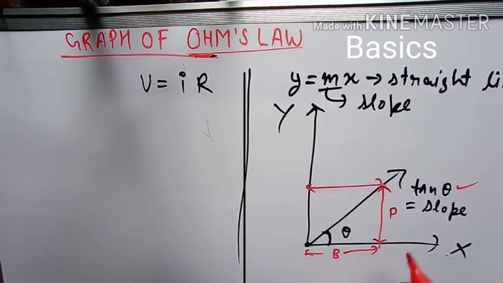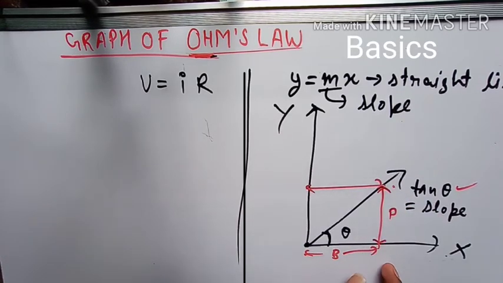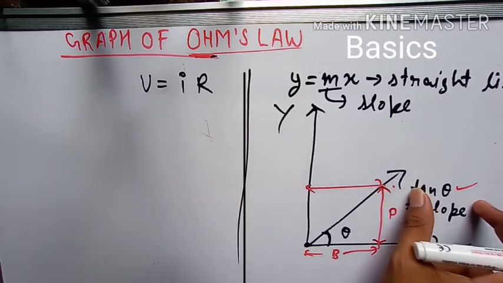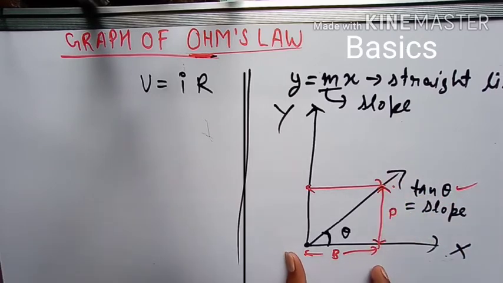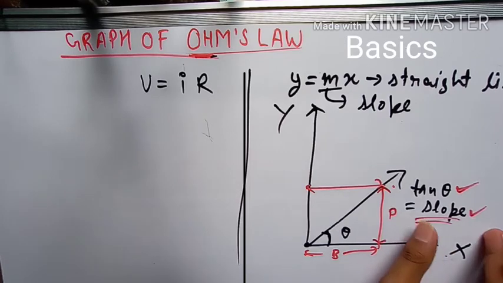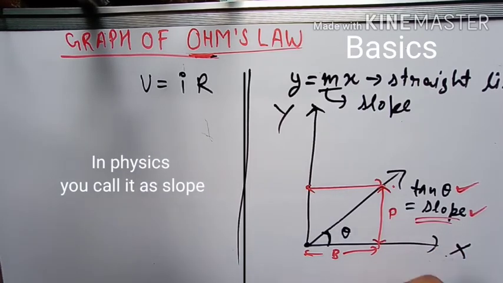So this is the ratio of the lengths, perpendicular upon base. This is tan theta, and this ratio is also known as slope. You can call it tan theta or you can call it slope. This plays a really important role in Ohm's law.